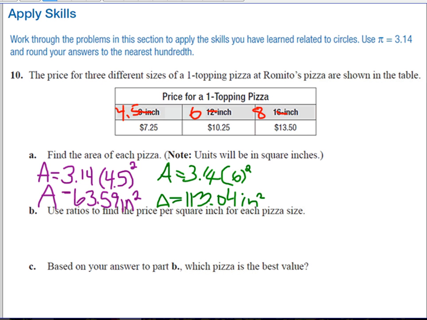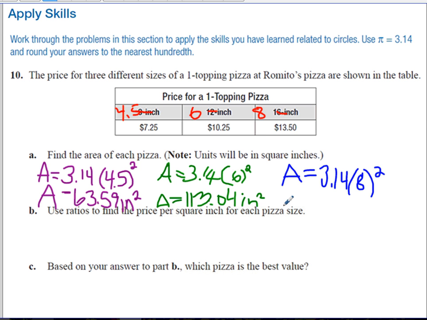So now when we look at our large pizza, we have to substitute 8 as our radius instead of 4.5 or 6. And again, I apologize for my sloppy writing.